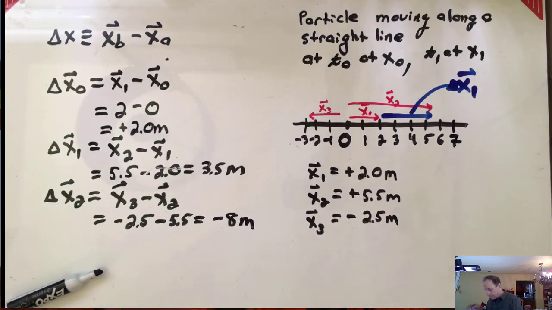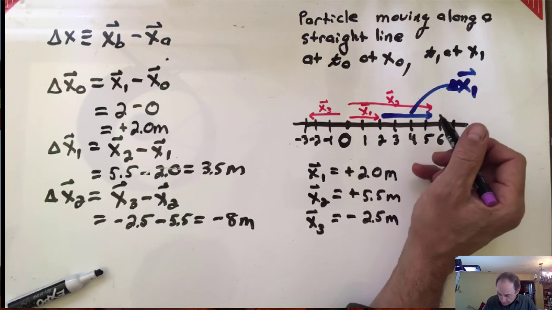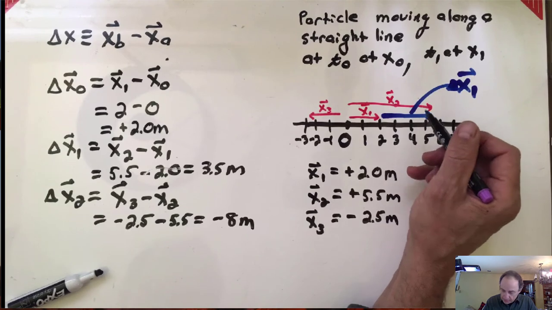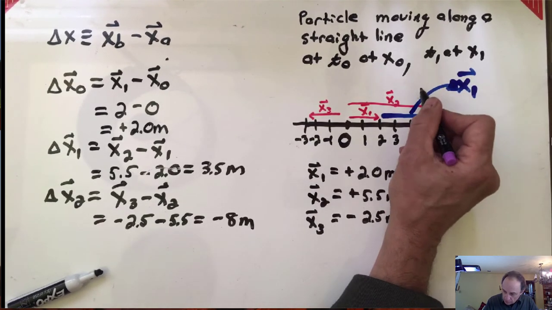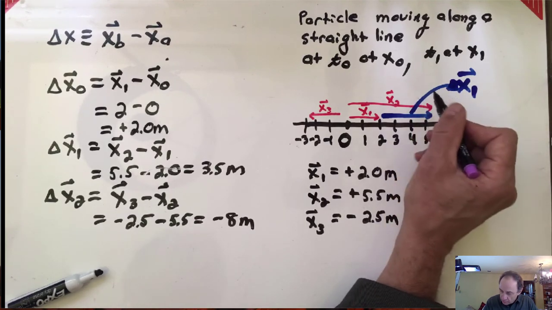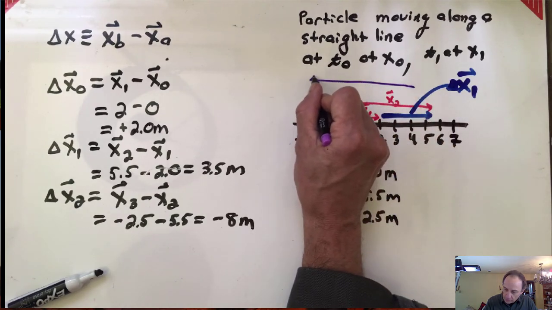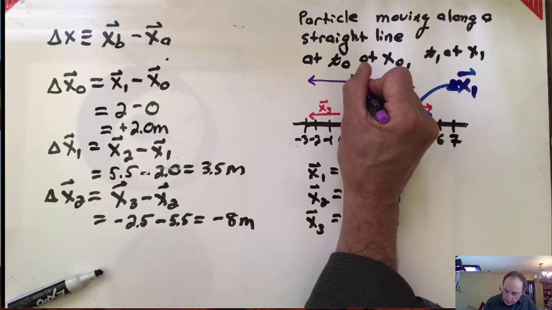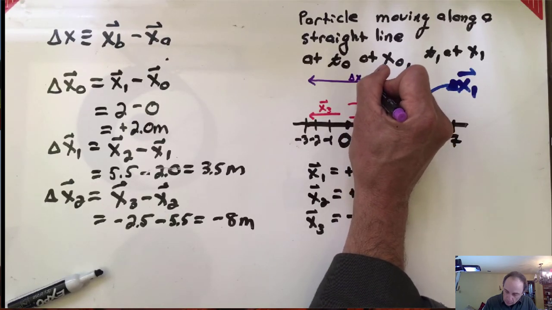So this one is minus 8 meters long. Okay, so that is x3 minus x2. So that's going to go from 5.5 to negative 2.5. This is delta x2.